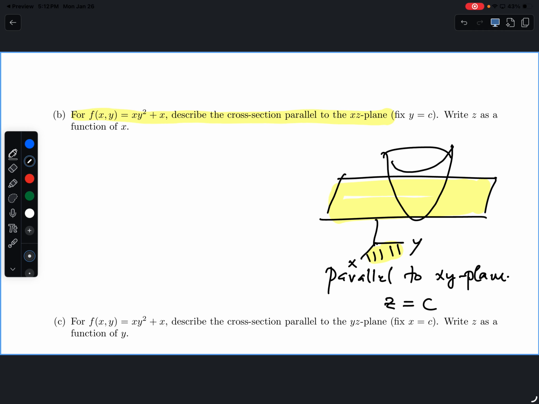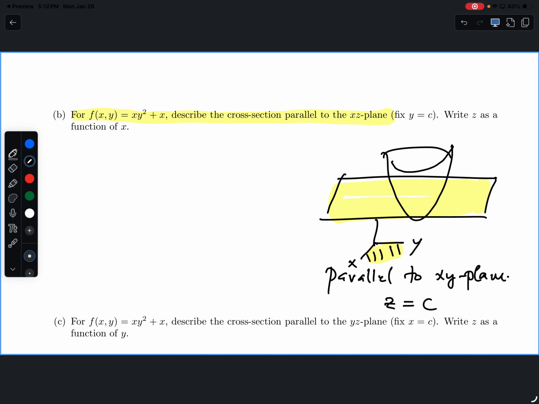And if we intersect with a plane parallel to xz, then we'll put y is equal to c. So these are three different options. We are going to intersect with any plane that is parallel to some basic plane, and there are three basic planes, xy, yz and xz.